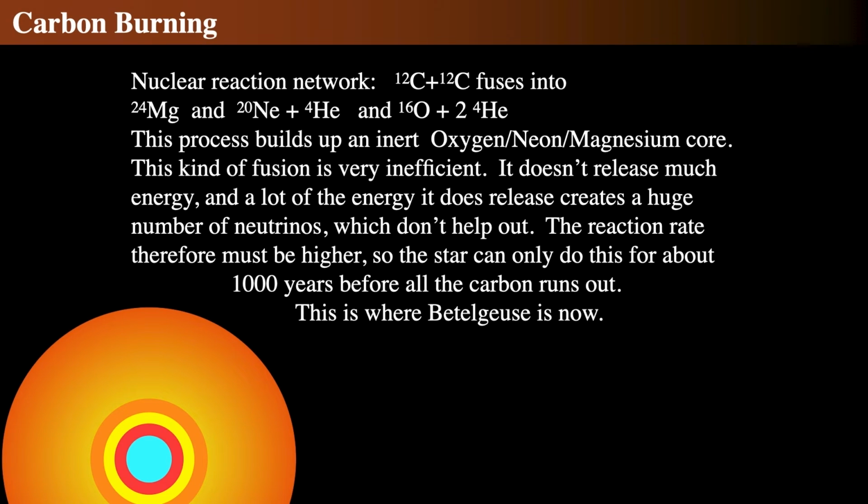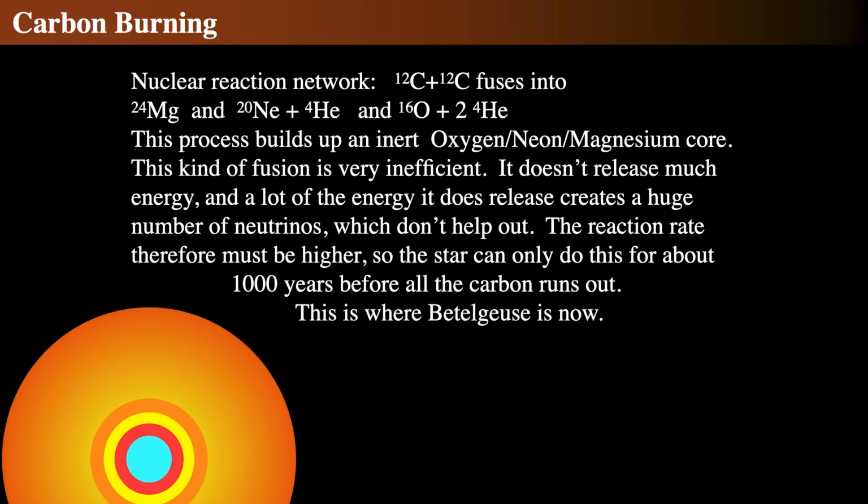Now, the oxygen-neon-magnesium core is also inert because it's not hot enough to fuse oxygen into anything heavier than that. And so carbon 12-12 fusion creates the products of magnesium, or neon and helium, or oxygen and helium. Those are its byproducts when carbon 12 smacks into another carbon 12.